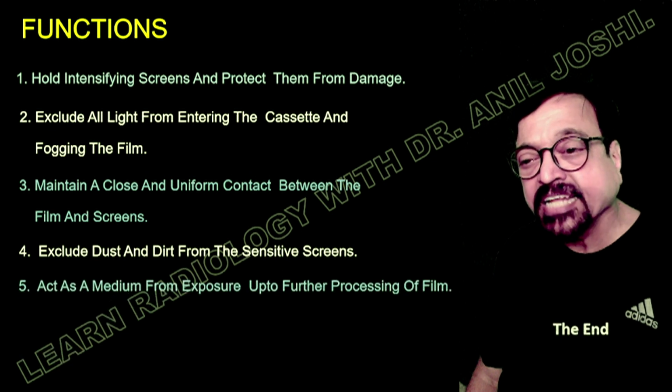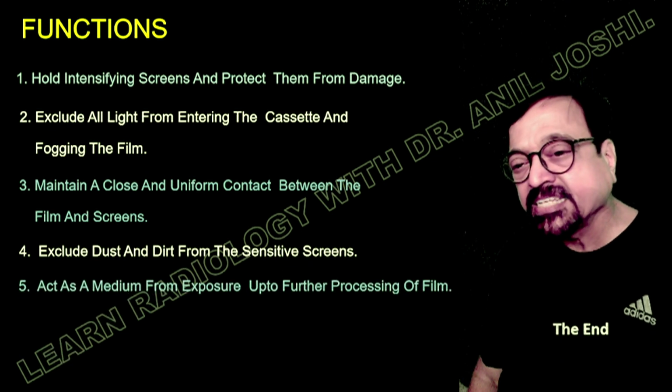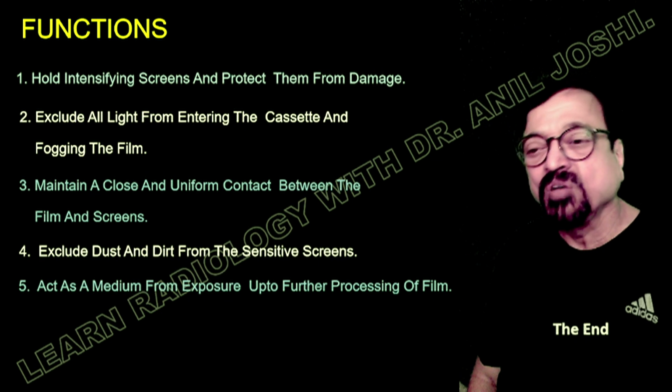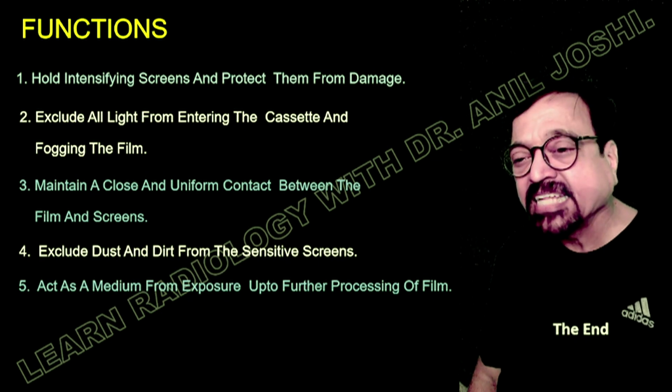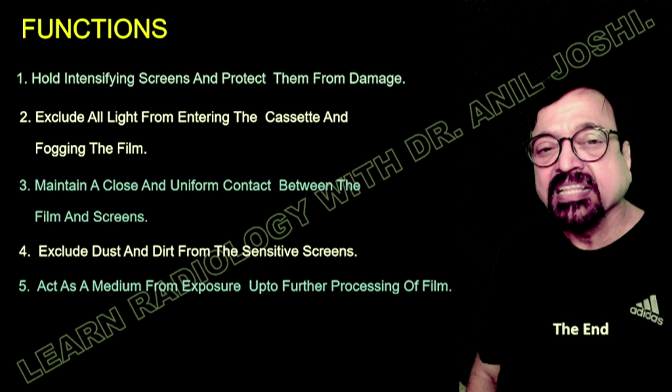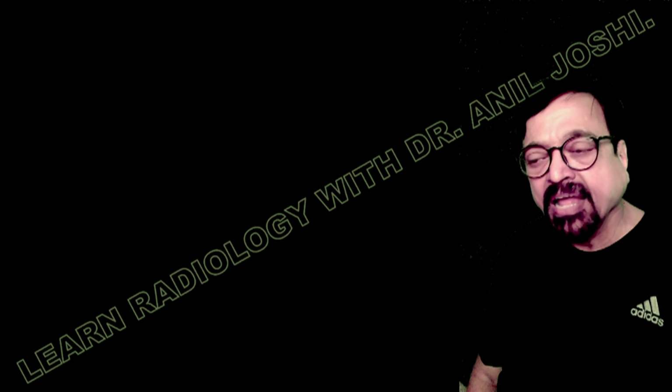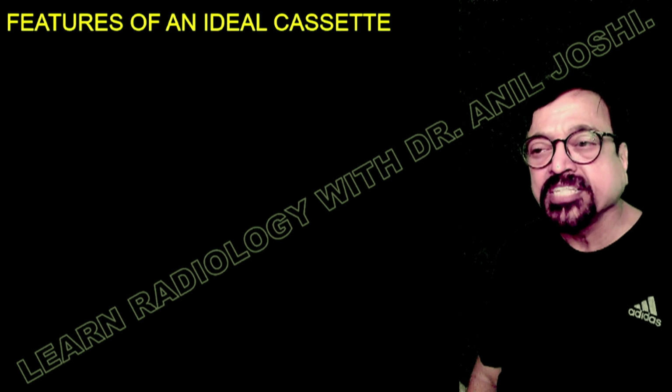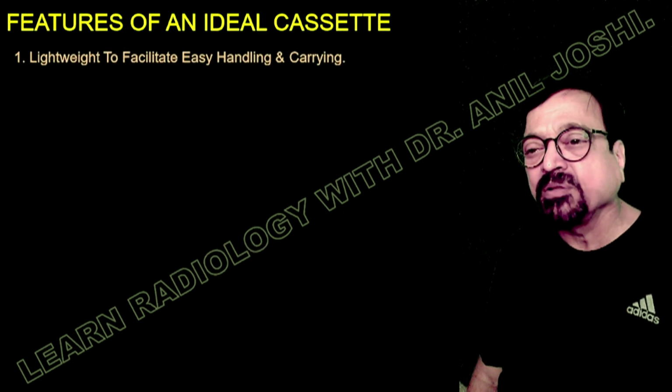It has to protect the screens from that, and it has to protect the film also from all these things. Then it acts as a medium for exposure, and then it allows us to take out the film and use it by processing for our viewing and diagnosis.